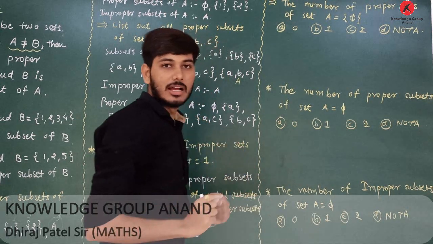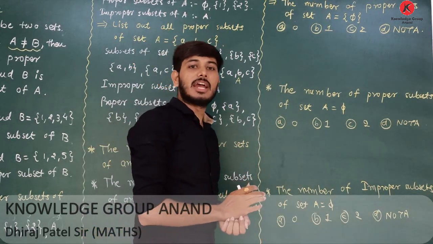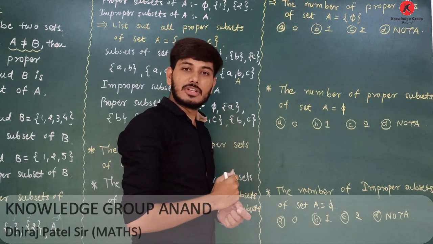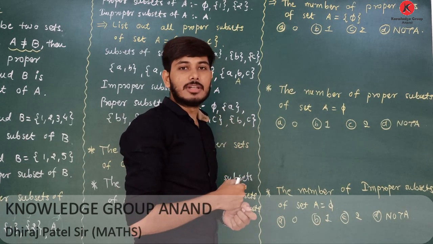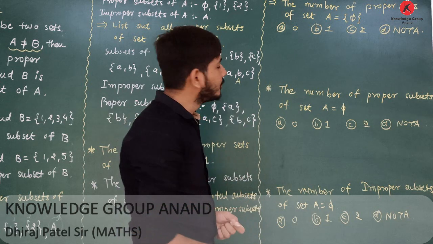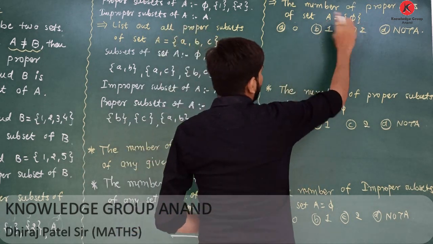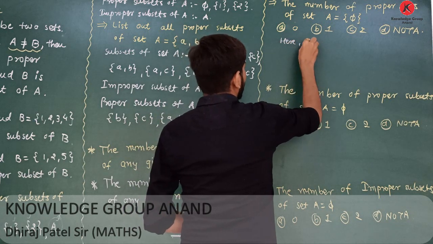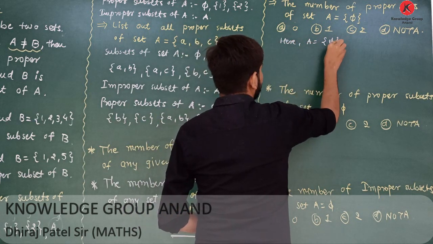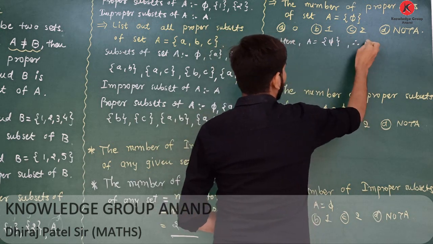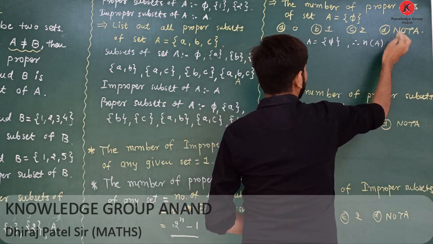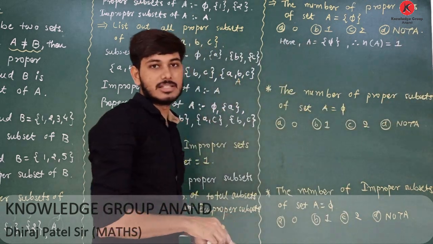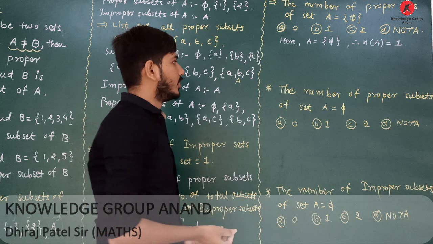We have the formula: the number of proper subsets of any set equals 2 raised to n minus 1, where n is the number of elements of that set. Here set A equals curly bracket 5, therefore the total number of elements in set A equals 1.